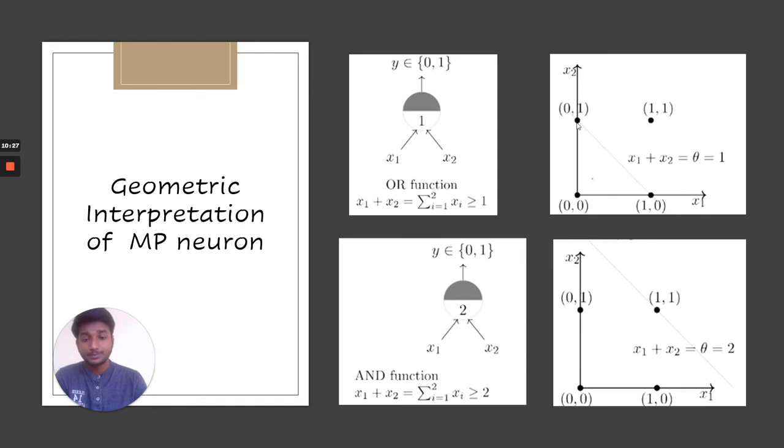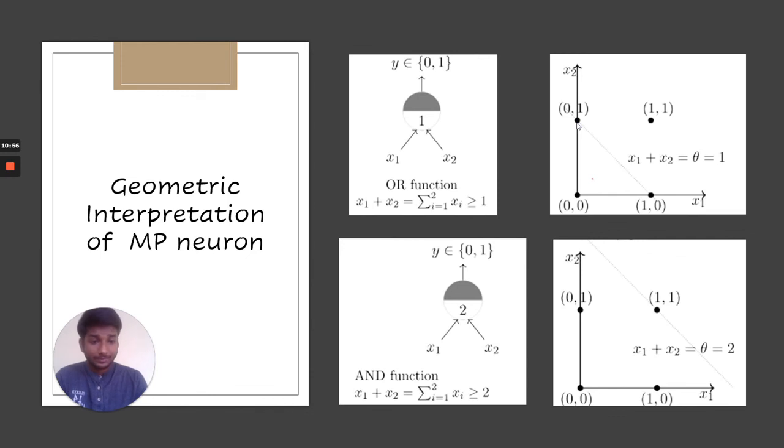Now let's see the AND function. You have theta value as 2 and the function as x1 plus x2, that is the summation of xi from i equals 1 to 2, greater than or equal to 2. Now let's see the representation. If both the values are 1, then only the output will be 1, right?